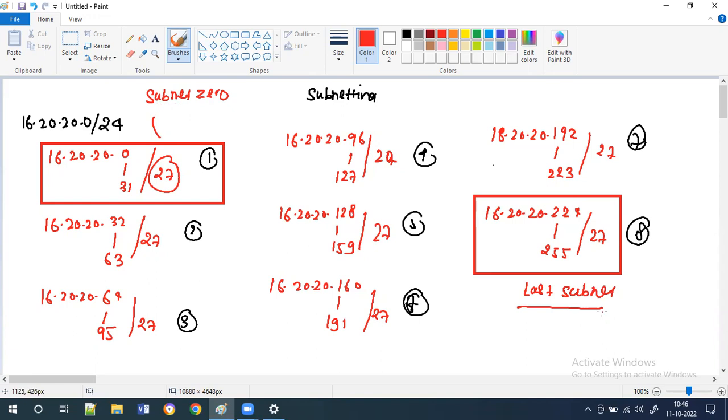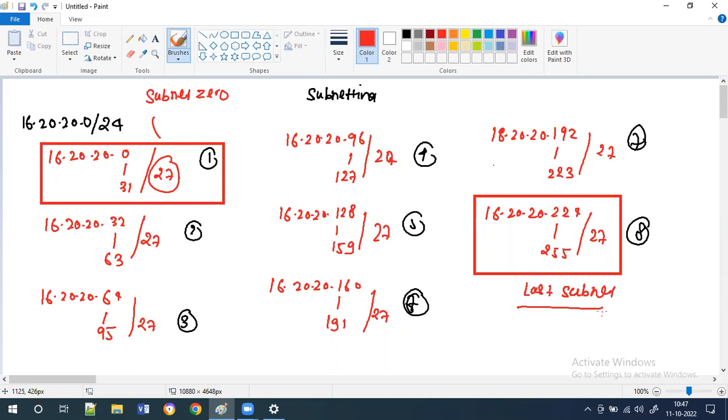So initially when networking came, there was no command to utilize those IP addresses, the first subnet 0 and the last subnet. So it was straightforward wastage of IP addresses. But in real time, we cannot waste that many IP addresses. Nowadays, we have a shortage of IP addresses. That is why IPv6 came into the market, right?